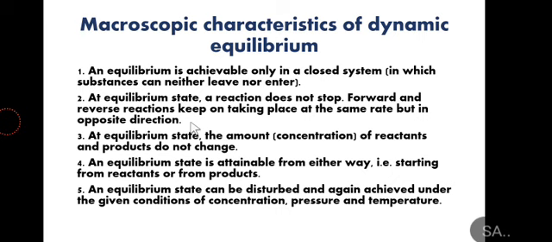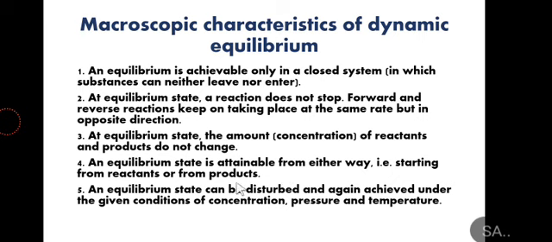Forward reaction is moving from left to right, and reverse reaction is moving from right to left. At equilibrium state, the amount, that is the concentration of reactants and products, does not change. So you remember that the quantity is constant for both the reactants and the products. And equilibrium state is attainable from either way, that is starting from reactants or from products.